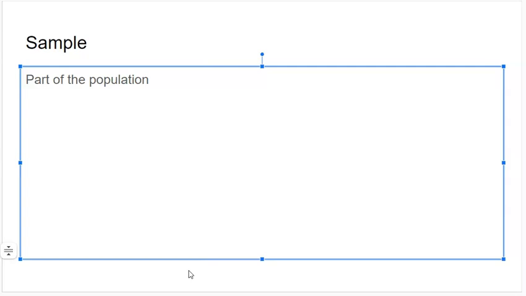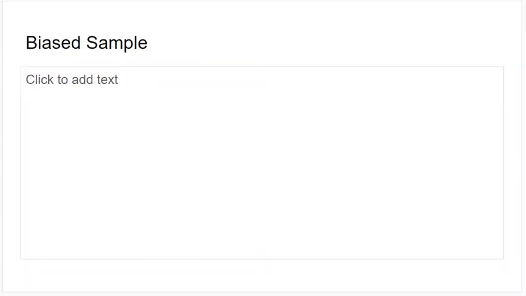Now there's different types of sample. The first type I want to talk about is a biased sample. A biased sample is when you have bias. So if I were to ask only the kids wearing hats if they think hats should be allowed at school, that's going to be biased, because the kids wearing hats obviously think hats should be allowed.